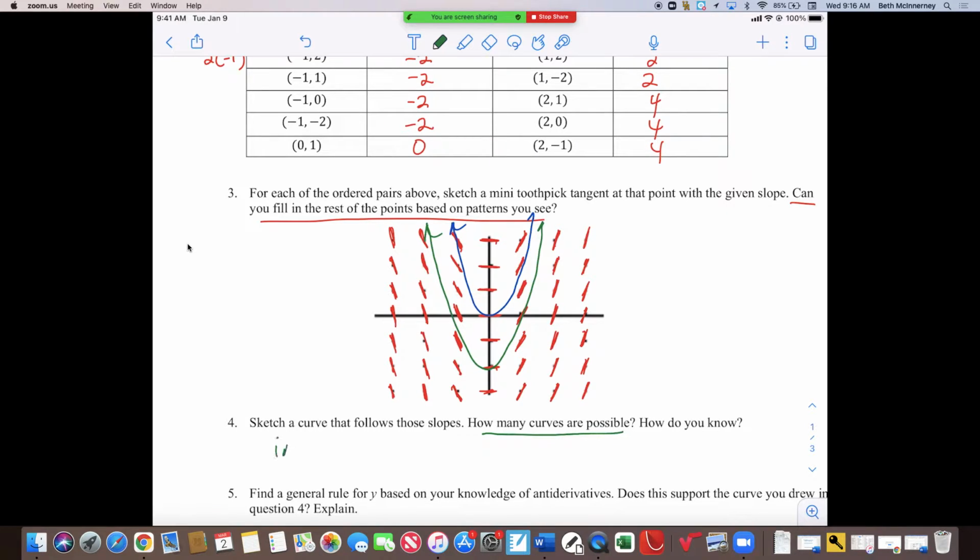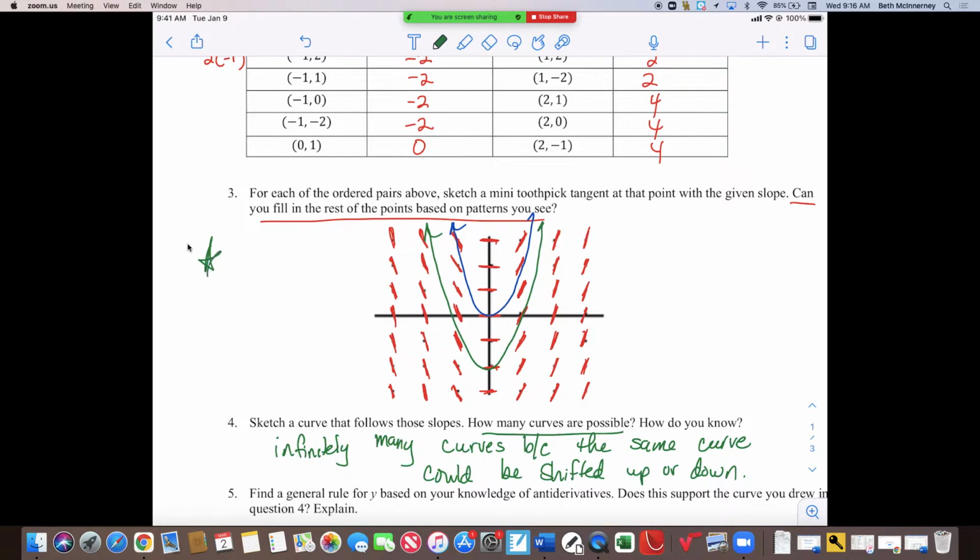Infinitely many, okay? So there's infinitely many curves because the same curve could be shifted up or down. So this is what we refer to, this is a slope field.